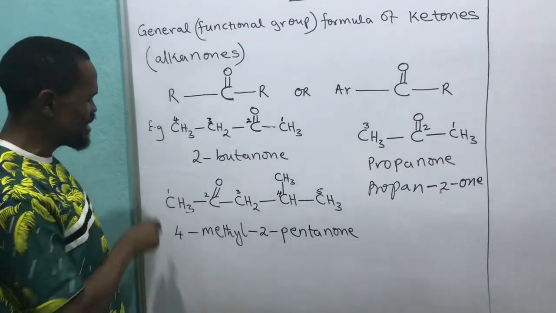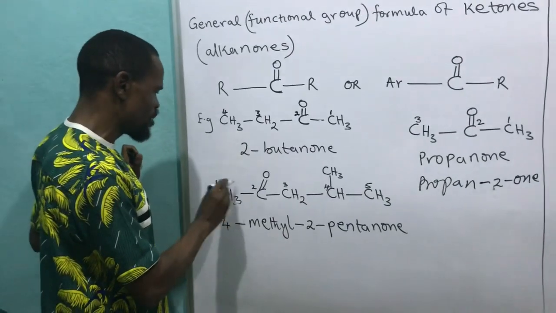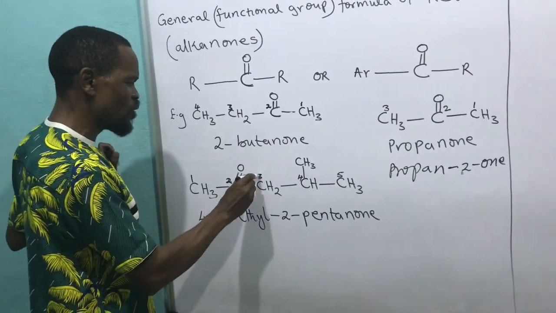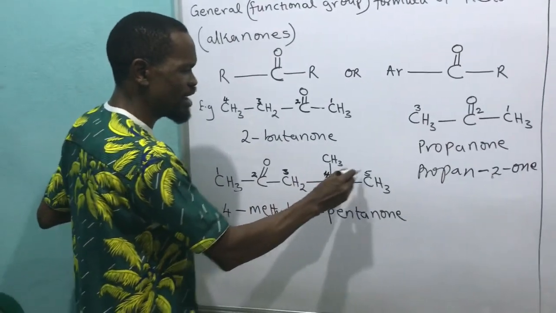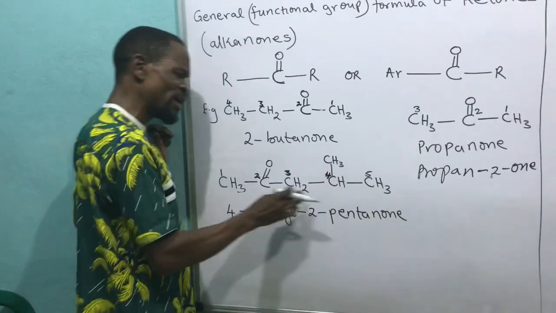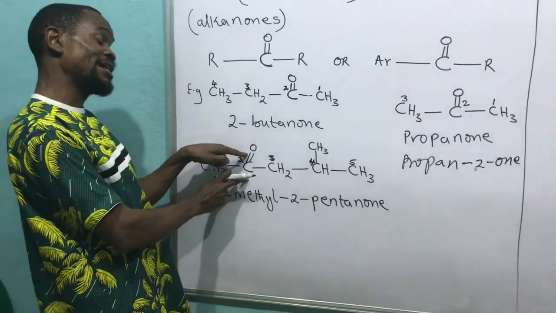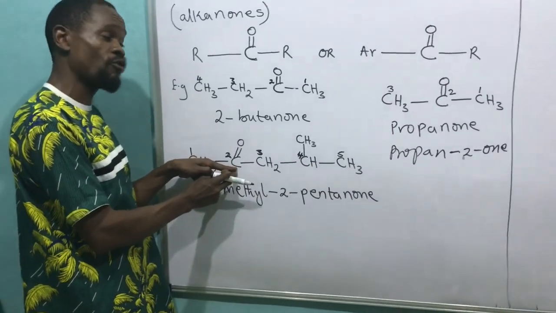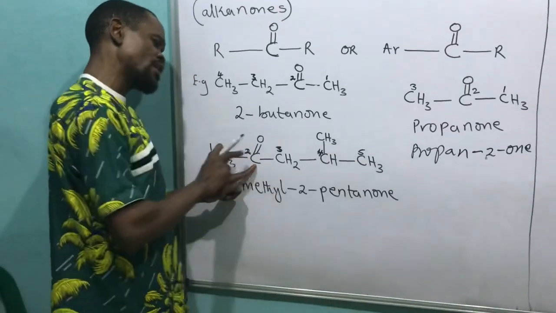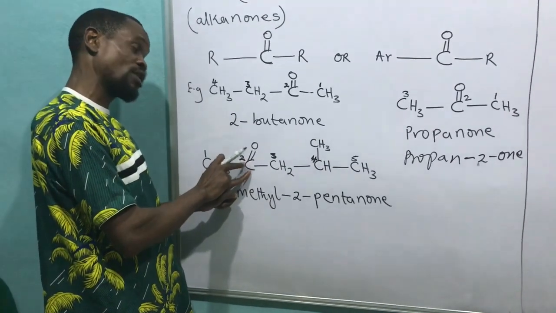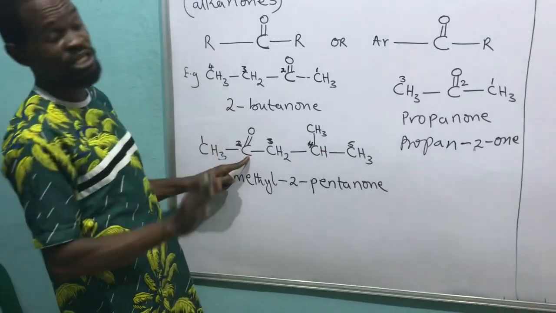Therefore, I'm going to number it this way: here 1, here 2, here 3, here 4, and here 5. If I number it the other way, the carbon carrying this functional group will be carbon number 4. But as I number it this way, you see that the carbon carrying this functional group is carbon number 2, which is the least number.